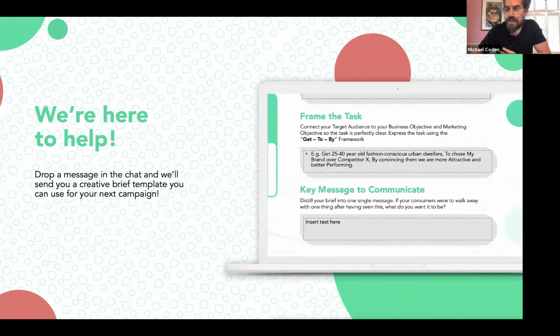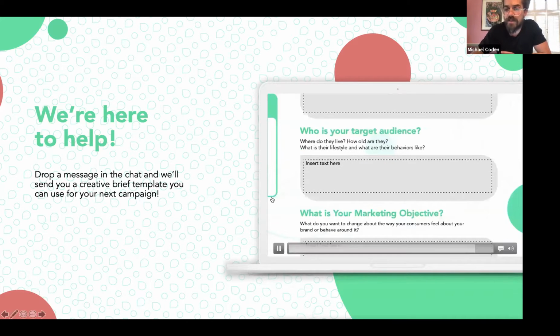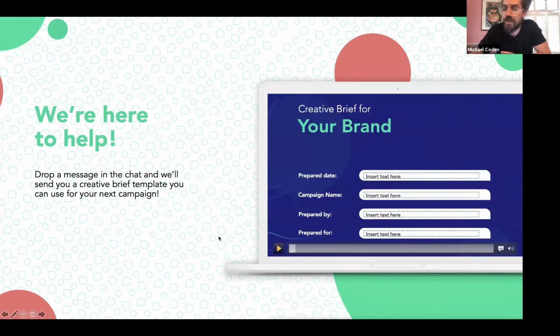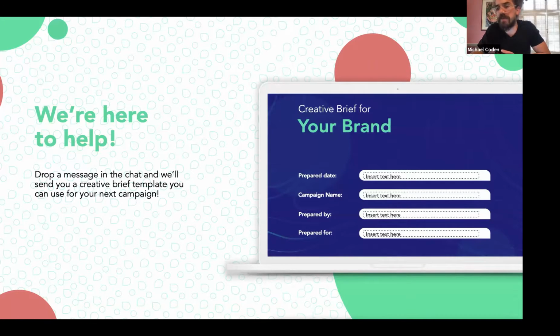Here on the screen is the template that we've made just from all the stuff that we've gone through today, which is built in PowerPoint, and it has just some really simple form fields that you can type into. If it's helpful for you next time you're running a campaign, we would be more than happy to share it. Just either raise your hand here so that we know who needs it, or just drop Fran a line and we can make sure that you have it.